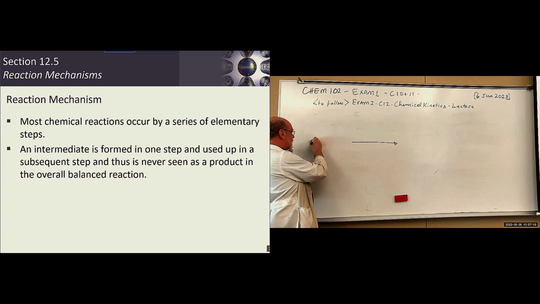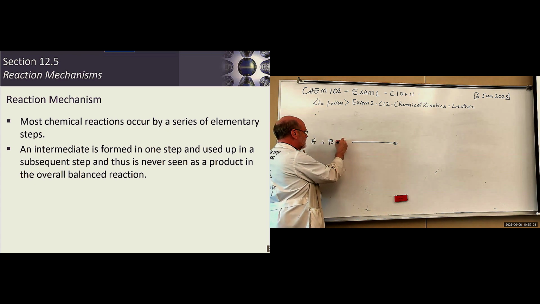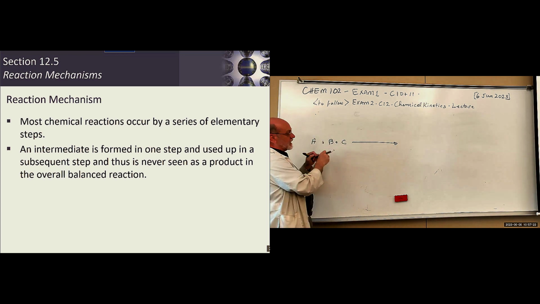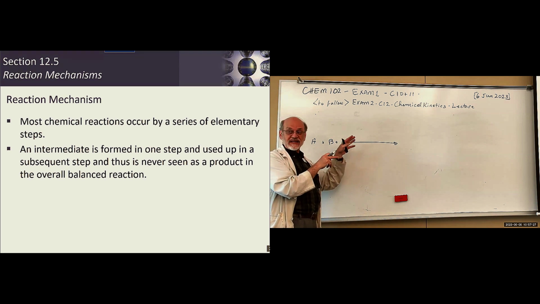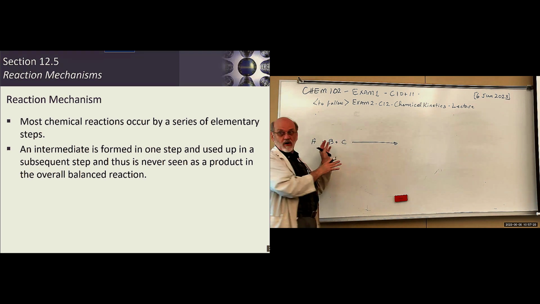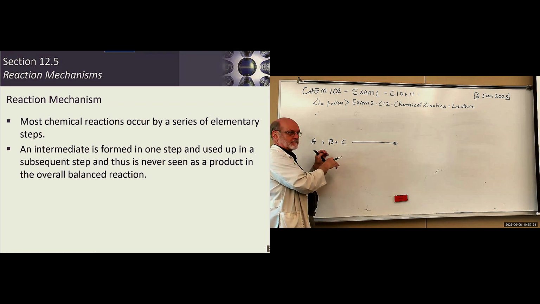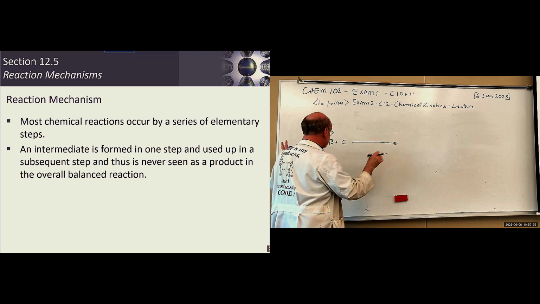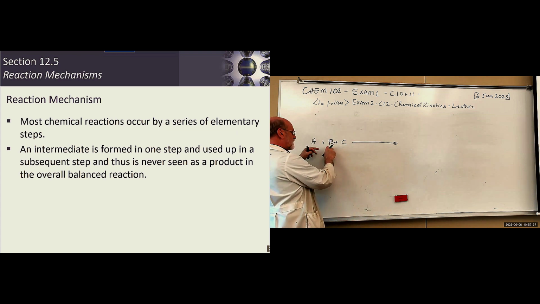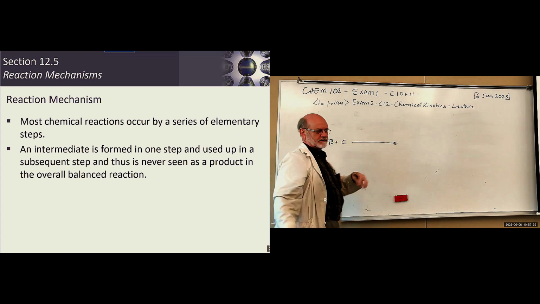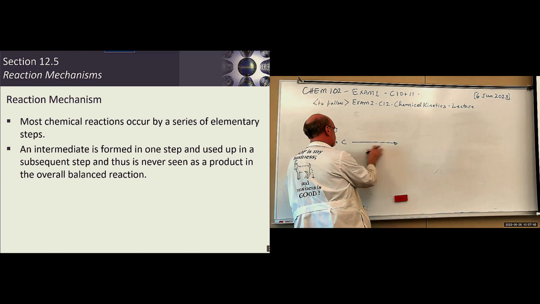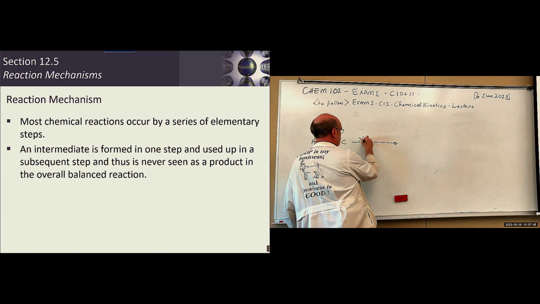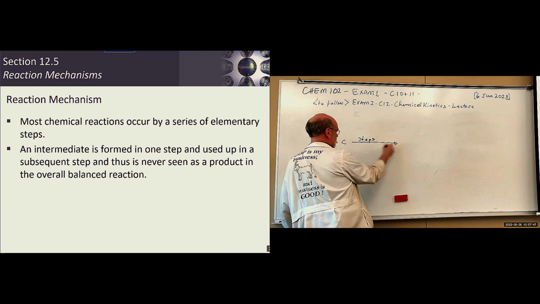You don't have to have A, B, and C. You can just have A and B. It'll give you 1 step, and then the product of that will be an intermediate that you don't see in the overall. It could react with C. Or if it's 3-step, it could react with B, and then that product reacts with C. The sky's the limit. You could have several steps in here. This is where the mechanism occurs, right here on that arrow.